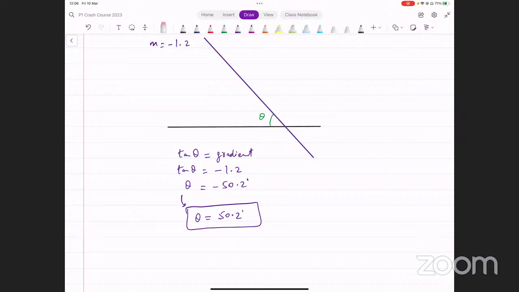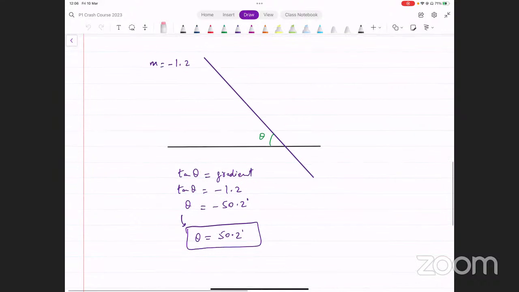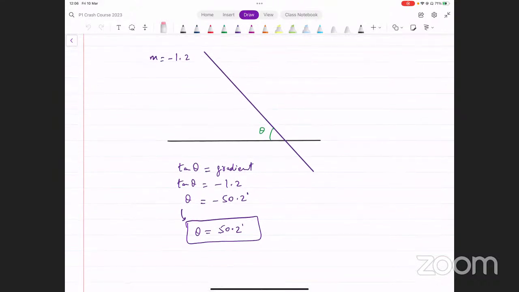Okay. Now, sometimes they specify that you need an acute angle between the line and the x-axis, or an obtuse angle. Let's say they specify that you need the obtuse angle. You found this angle, and it is turning out to be acute. If you had to find the obtuse angle in this case, all you have to do is subtract this value, 50.2, from 180, and that turns out to be 129.8 degrees.